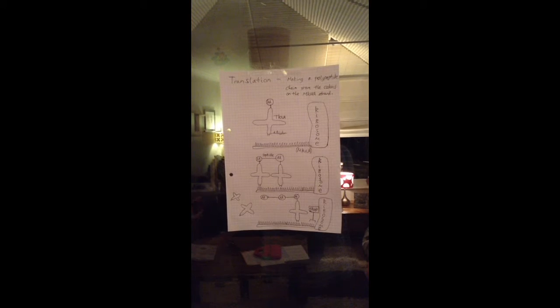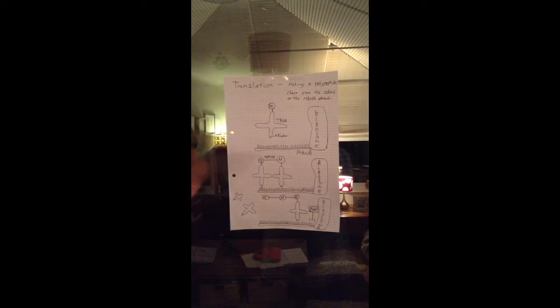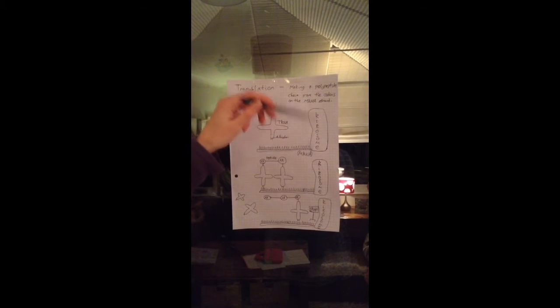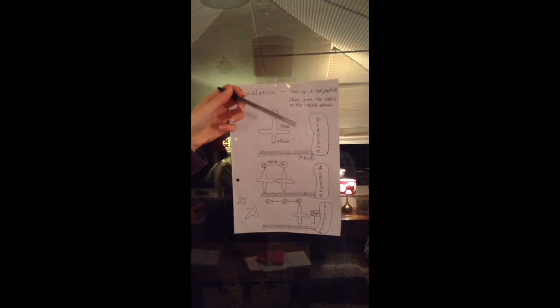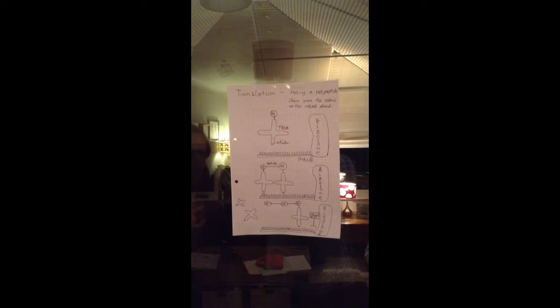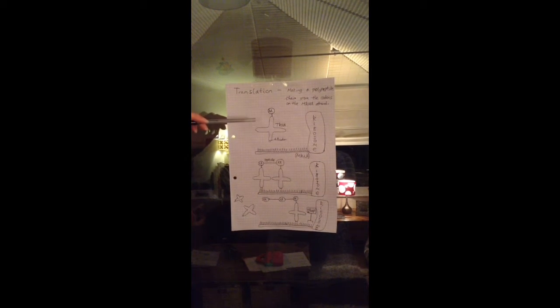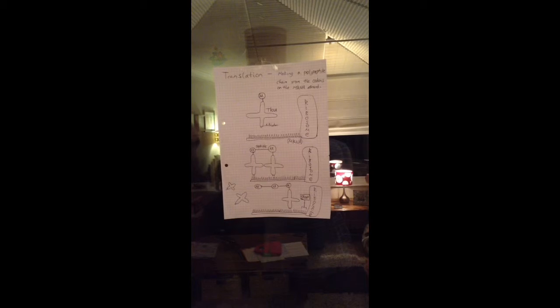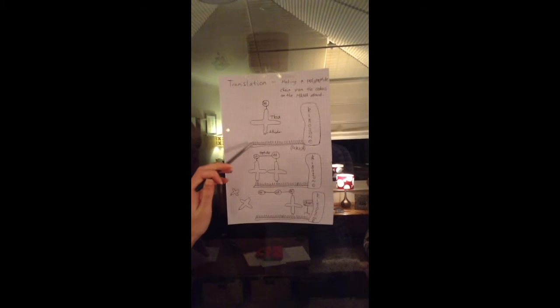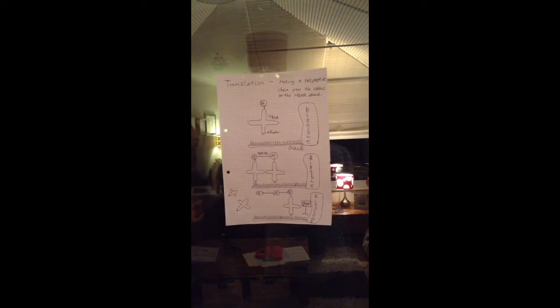And this happens outside of the nucleus, and it uses these ribosomes, which, as you know, are the site of protein synthesis in the cell. And this also uses another RNA molecule called a tRNA molecule. And these have anticodons on them, which are complementary to the codons on the mRNA strand.